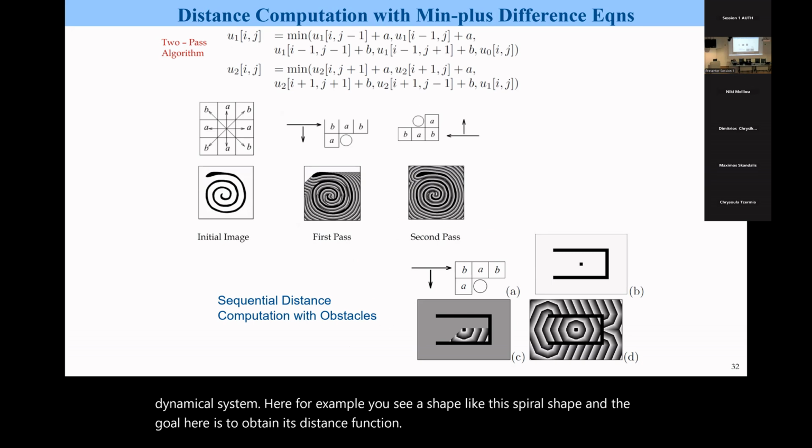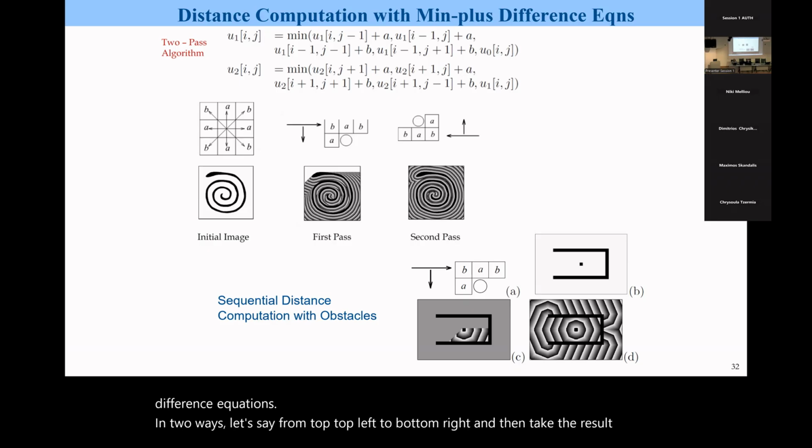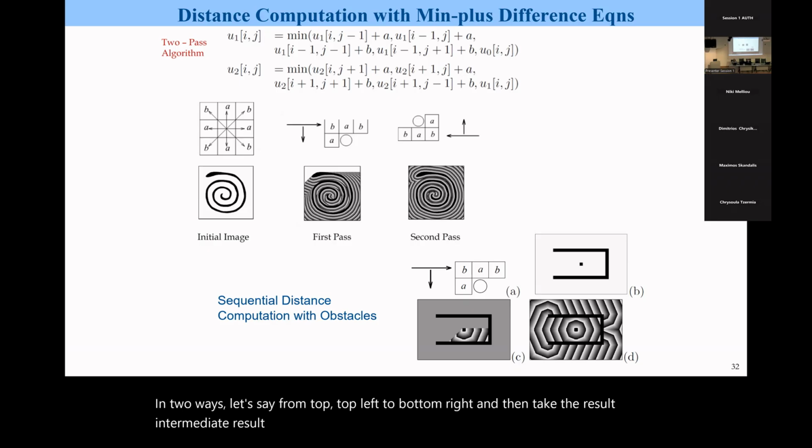Then the distance function can be obtained by iterating these min plus recursive difference equations in two ways. Let's say from top left to bottom right, and then take the intermediate result and work from bottom right to top left in reverse.